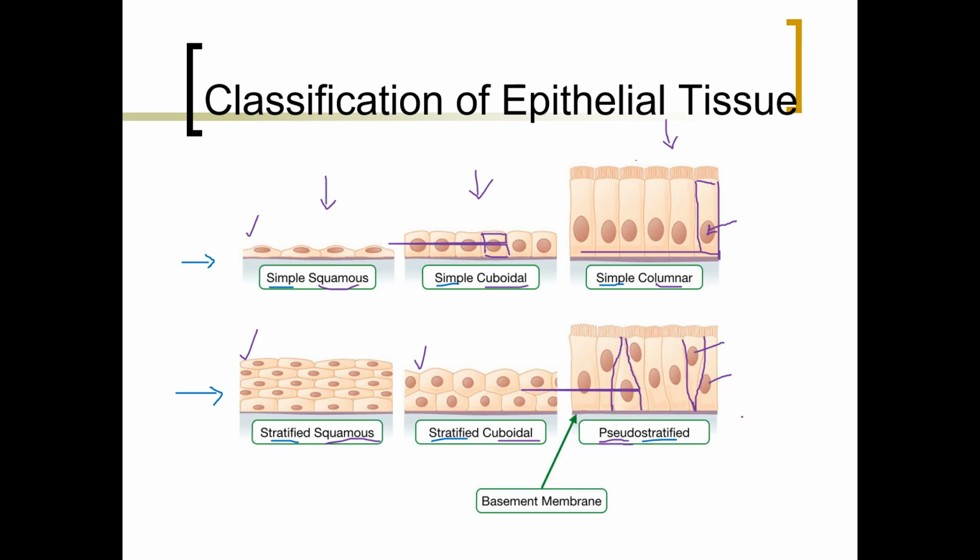So they appear under the microscope as many layers, but in fact it really is only one layer of cells. So those are pseudo-stratified. Another key to looking at pseudo-stratified is it has a ciliated layer on the top. I know that in the picture above here, you can see there's cilia on the top of those cells as well. We're not going to really talk about ciliated simple columnar.